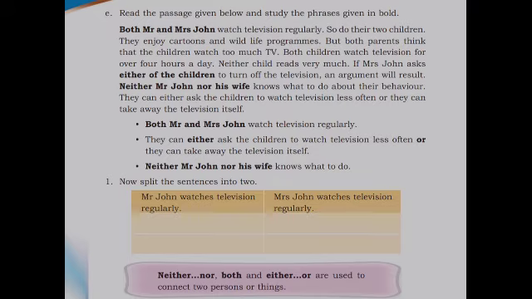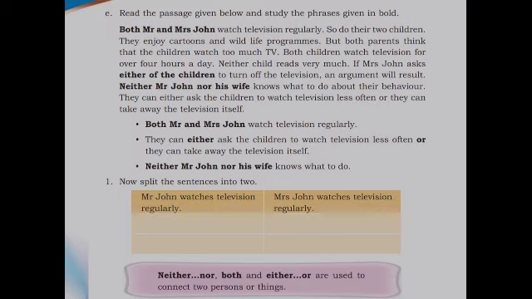And when two nouns are combined using either or, neither nor, the verb agrees with the second noun. It is very, very important, children. When we use either or neither nor to connect two nouns, the verb agrees with the second noun. Look at the example.